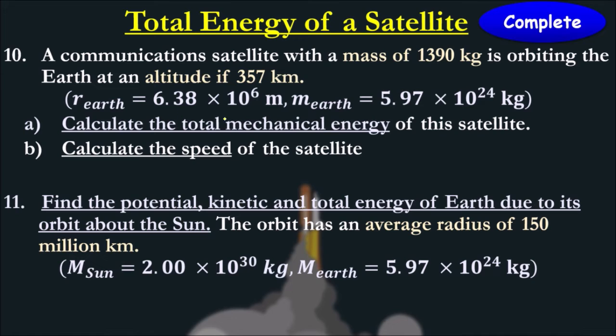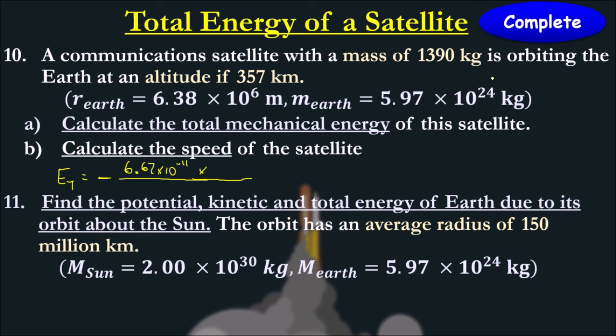So the first thing is calculate the total mechanical energy of this particular satellite. So total energy is added with gravitational potential, so it's negative.